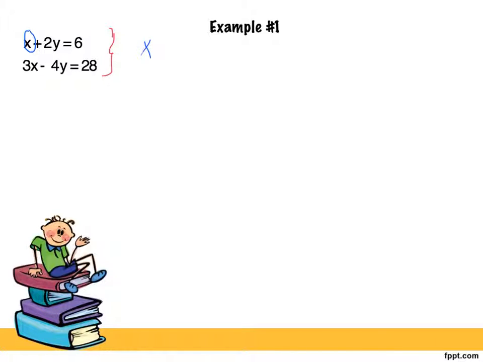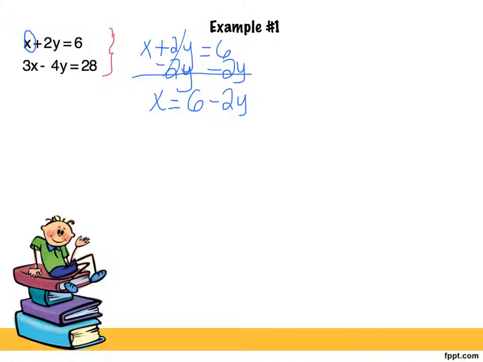It's pretty simple to move the 2y away, so let's get that x by itself. If we have x plus 2y equals 6, I'm going to move the 2y by subtracting. So I will have x equals 6 minus 2y. Now I still have the other equation, 3x minus 4y equals 28.